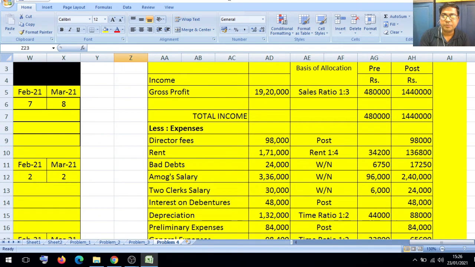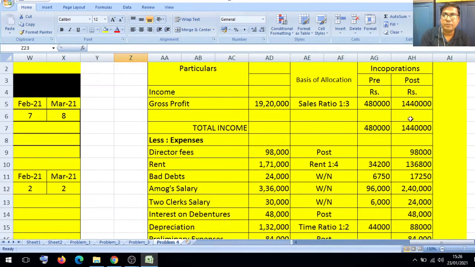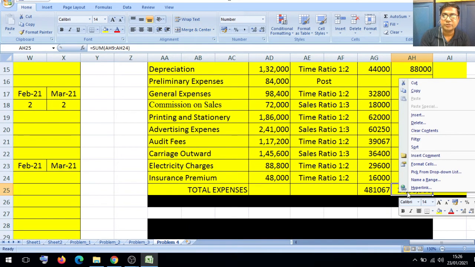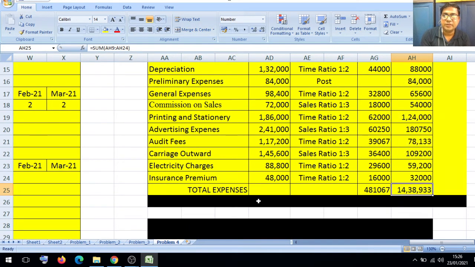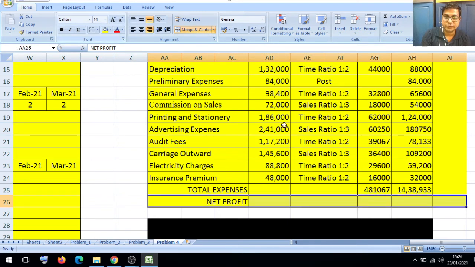And what about the pre-incorporation period expenses? 4,81,067. What about the post-incorporation period? Total income 14,40,000 and expenses 14,38,933. Now we have to find out whether we earn profit or loss.